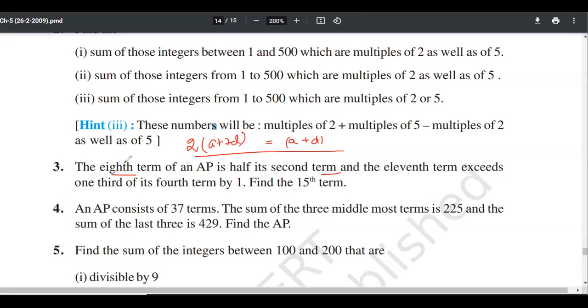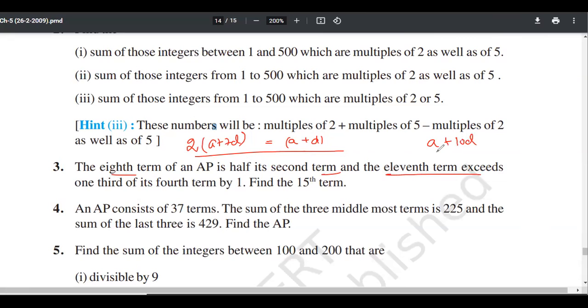No, sir. If the eighth term of an AP is half its second term and the 11th term exceeds, and the 11th term means a plus 10d.